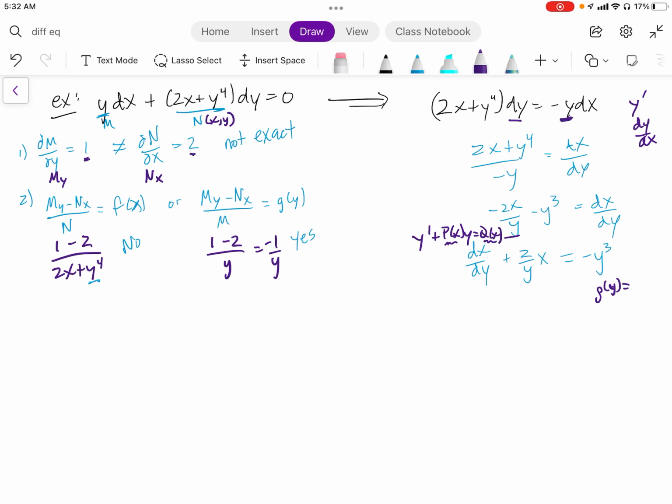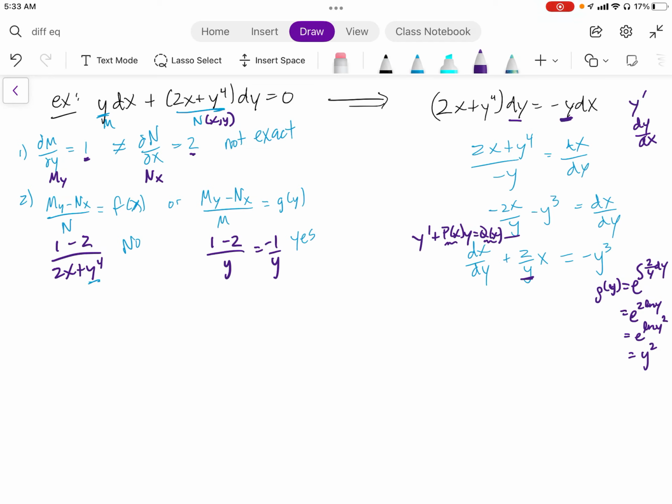And remember that's p, we use p of x here, so we have 2 over y. You go e to the integral 2 over y dy. And that integral is just 2 ln y, e to the 2 ln y. And using properties of logarithms, e to the ln y squared, e and ln cancel, y squared. Okay, that is our integrating factor.